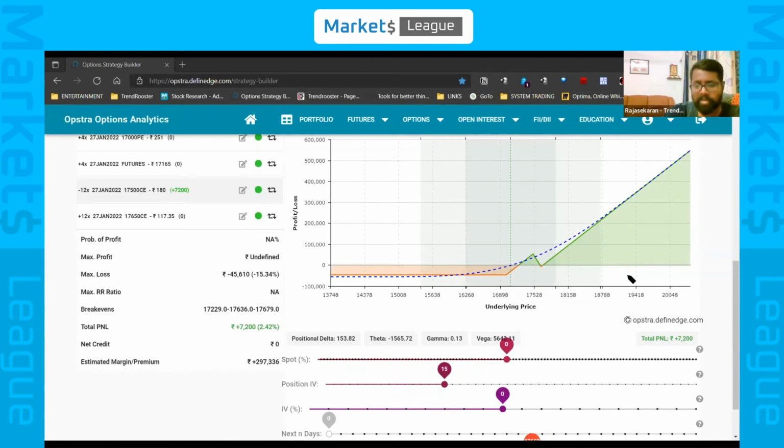It's the same as a zero cost collar, but the zero cost collar will be capping the upside potential, while here we are not capping it. We have unlimited profit on upside, but we are still able to reduce the loss potential, which means the cost basis of the put options. Is that clear?